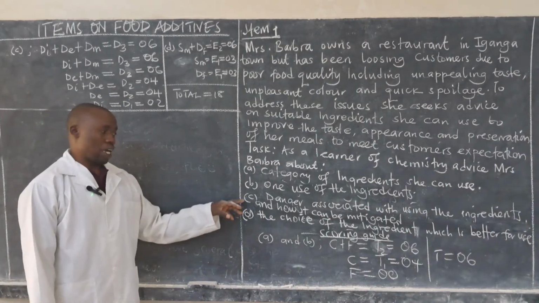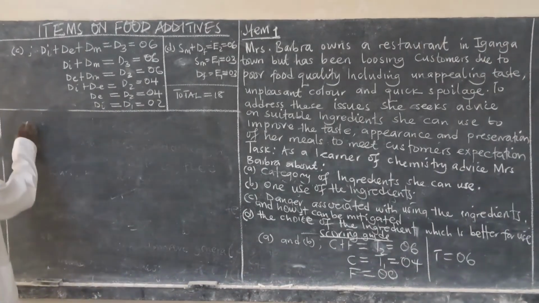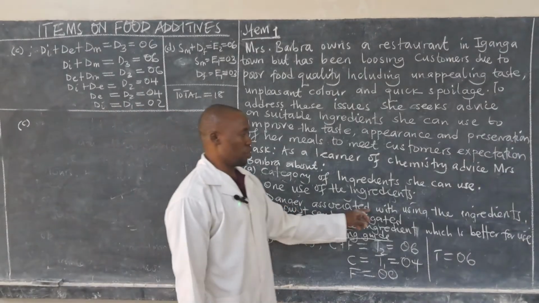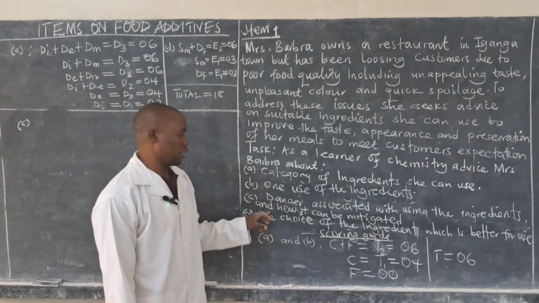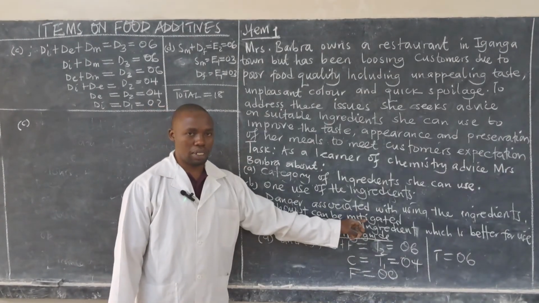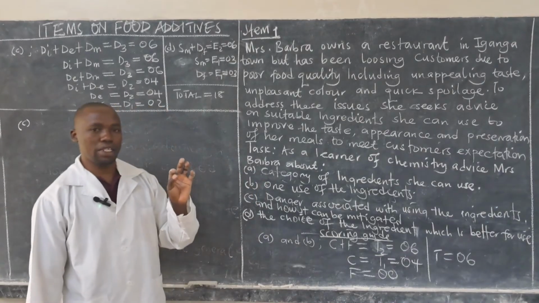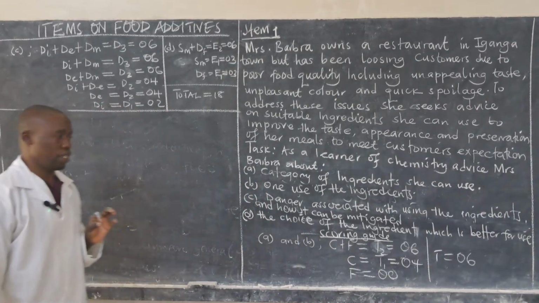So a learner being specific and being general, both of them score in this item. Now let's look at part C. Danger associated with using the ingredients and how it can be mitigated. So the learner is expected to write one danger, explain it, and mitigate it.